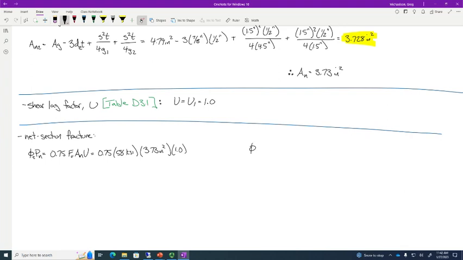And so what do we get for net section fracture? 162.2. Do I have a second on that? Yeah.